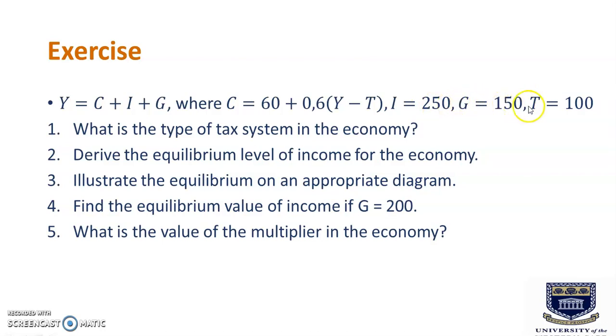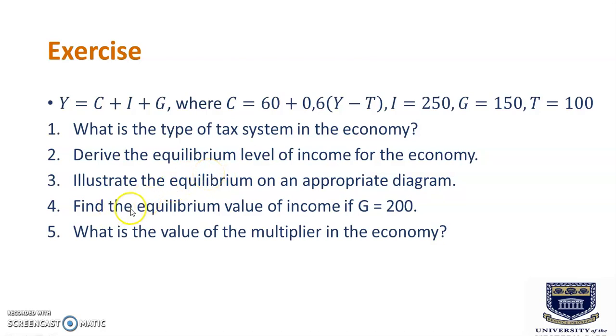And note here, you are given T is equal to 100. So how do we go about answering the following questions? The slides that follow will answer each of these questions. Firstly, we need to determine what is the type of tax system in the economy. Secondly, we need to derive the equilibrium level of income for the economy. Then we need to illustrate, which means we need to draw a graph that shows the equilibrium.